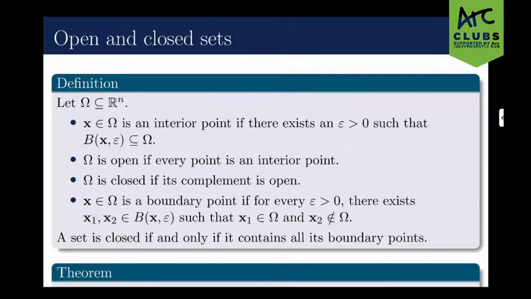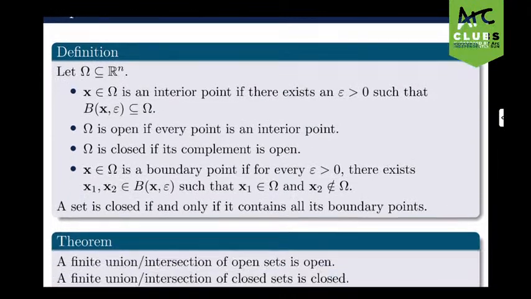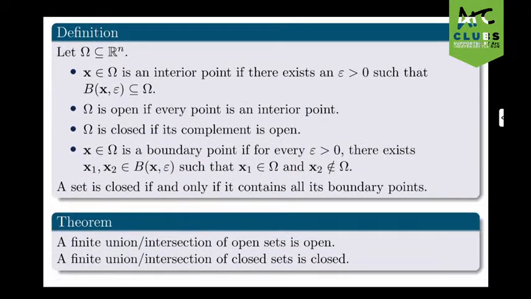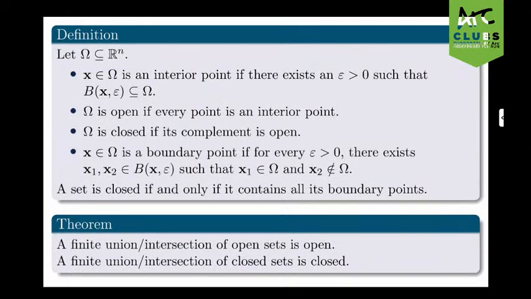Then we have open and closed sets. These are all definitions that hopefully everyone is familiar with. Let's say we have some set omega in Rn. Something is an interior point if there exists an epsilon greater than 0 such that the ball lies inside omega. So if x is inside omega, it is an interior point if I can find a ball around it that entirely lies inside omega.